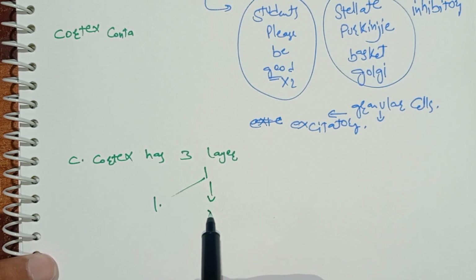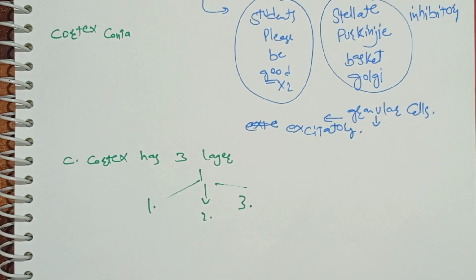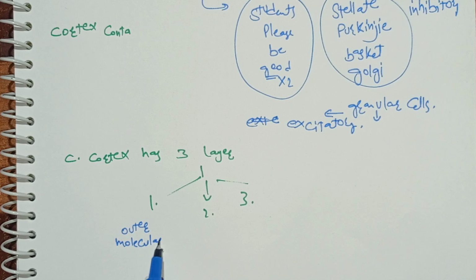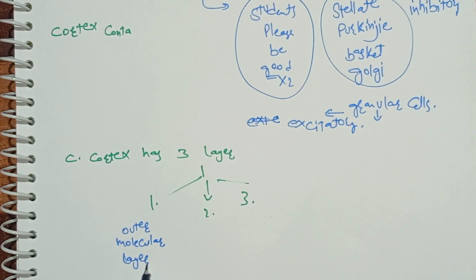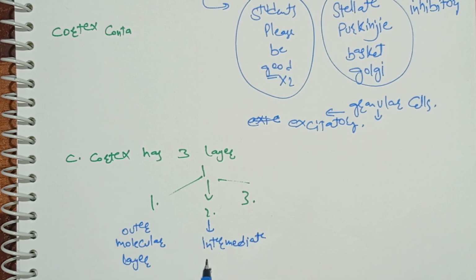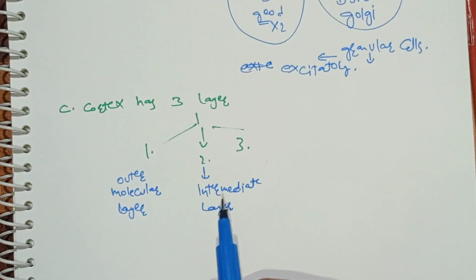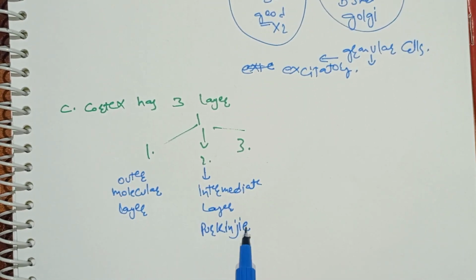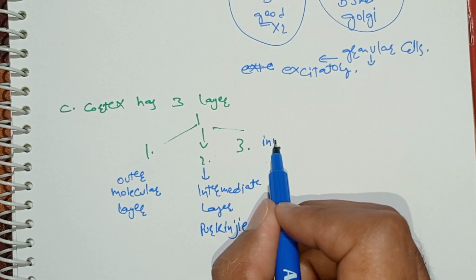The first layer is the outer molecular layer. The second layer is the intermediate layer, also known as the Purkinje layer. And the third layer is called the inner granular layer.